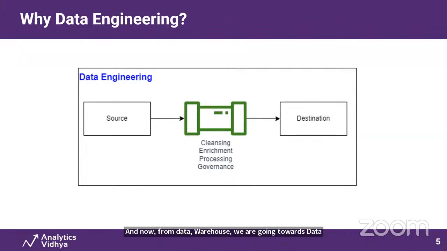We are following the data warehouse concepts, but in a different way, adopting the velocity and variety of the data we process. So it is kind of a hybrid of data lake and data warehouse.